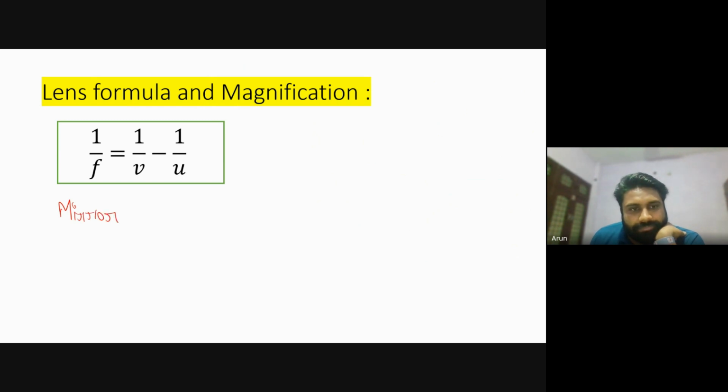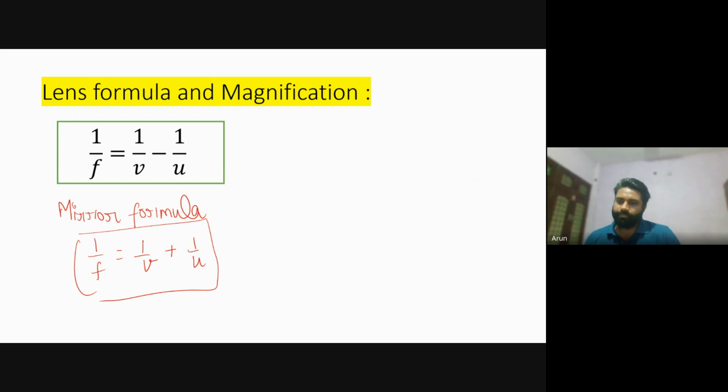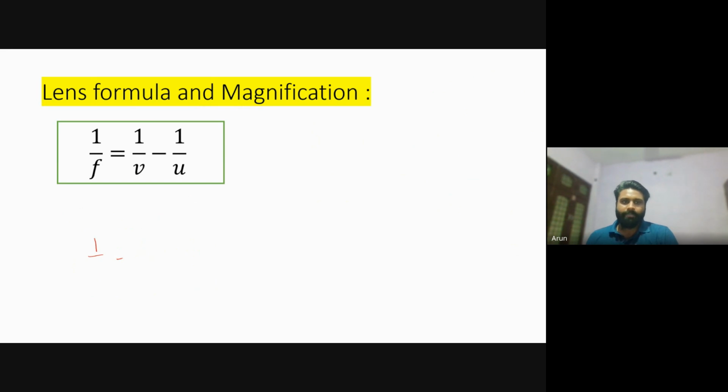Anyone of you remember the mirror formula? 1 upon F is equal to 1 upon V plus 1 upon U. Okay, it is a kind of recall.